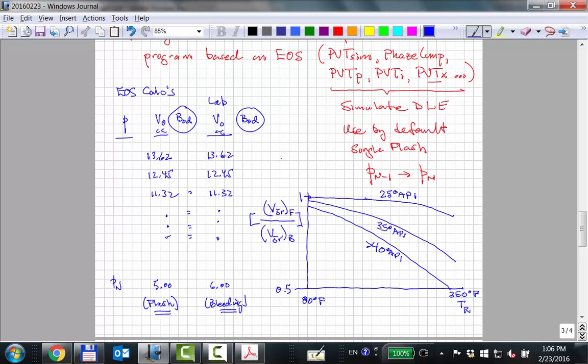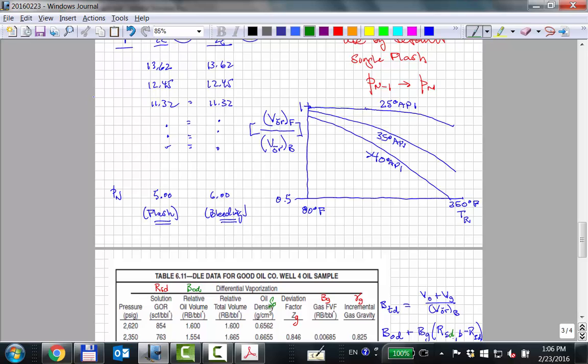So, the best thing you can do is to take the equation of state program, and between P n minus 1 and standard conditions here, just add 5 to 10 steps of differential depletion.